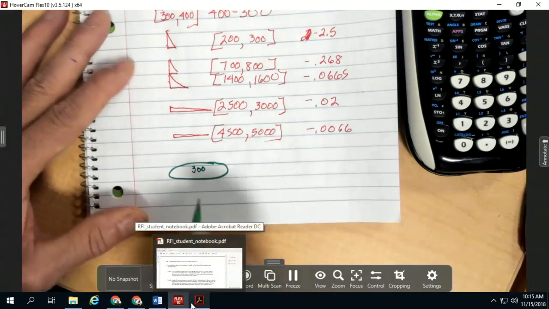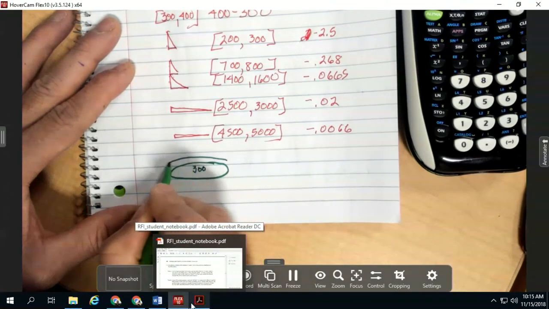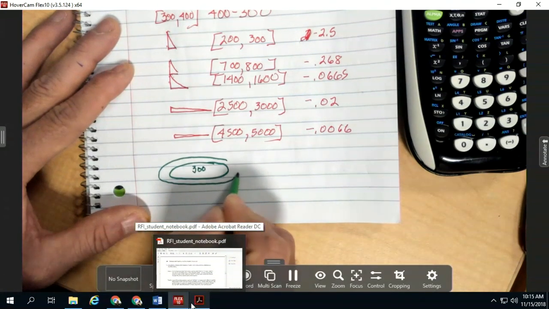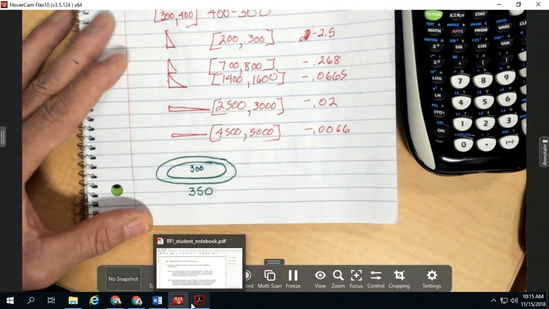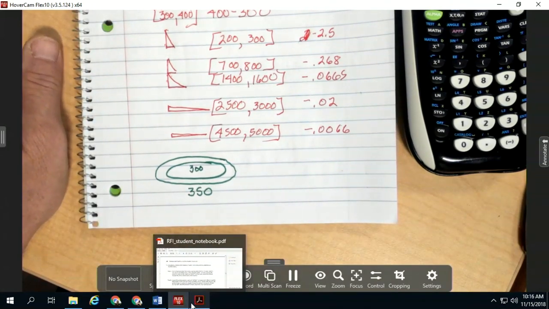We want to make it bigger so that it will be able to hold 350 pounds per square inch.